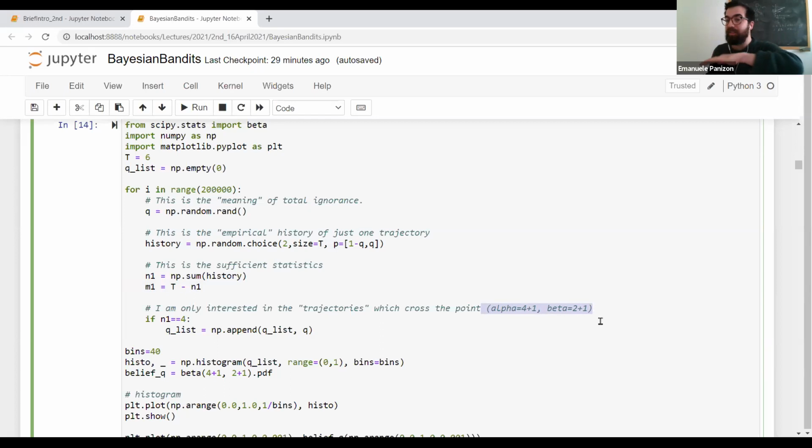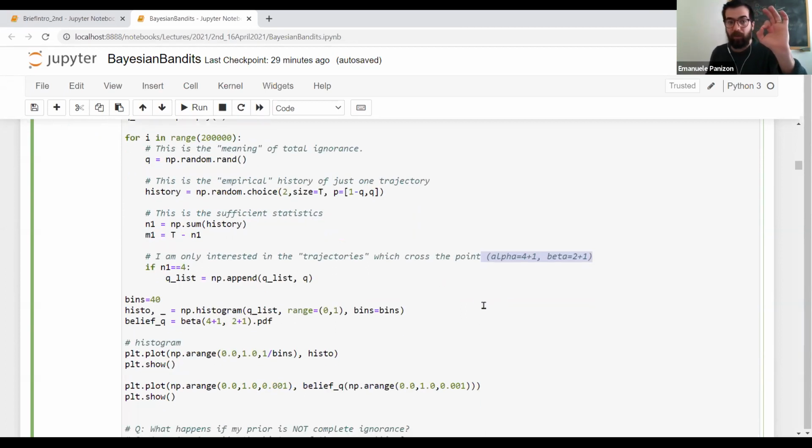Since I started from a completely uniform description of the world, each of them is completely different, but I chose only those which end up in this point alpha = 5, beta = 3. I save only those which arrive there, because the others have clearly gone elsewhere.